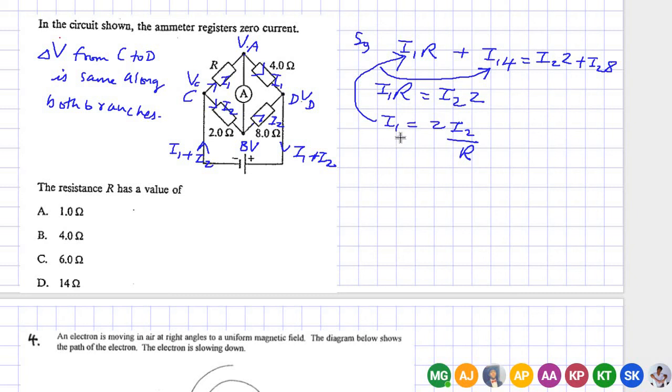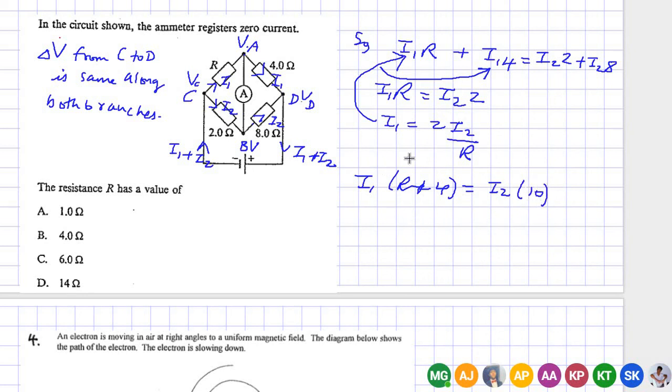Or you can simplify it in another way also. Let's just take I1 common in both the cases. So you have I1 into R plus 4 equals I2 into 2 plus 8, which is 10.